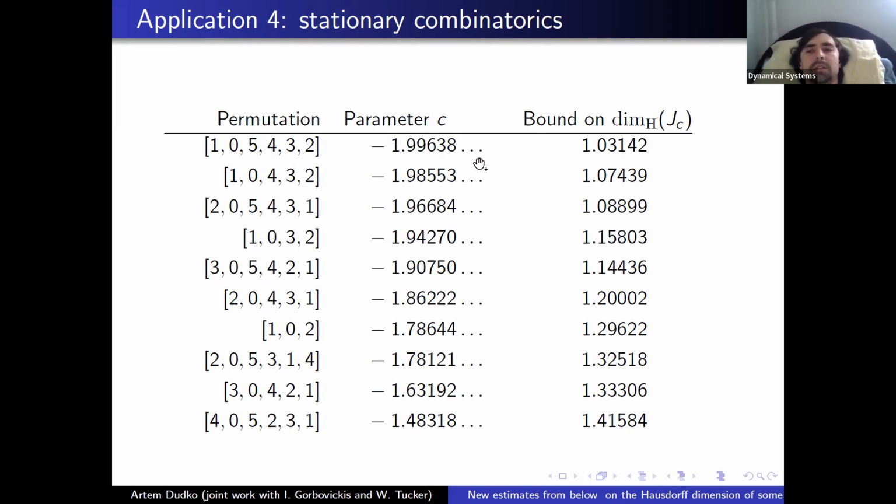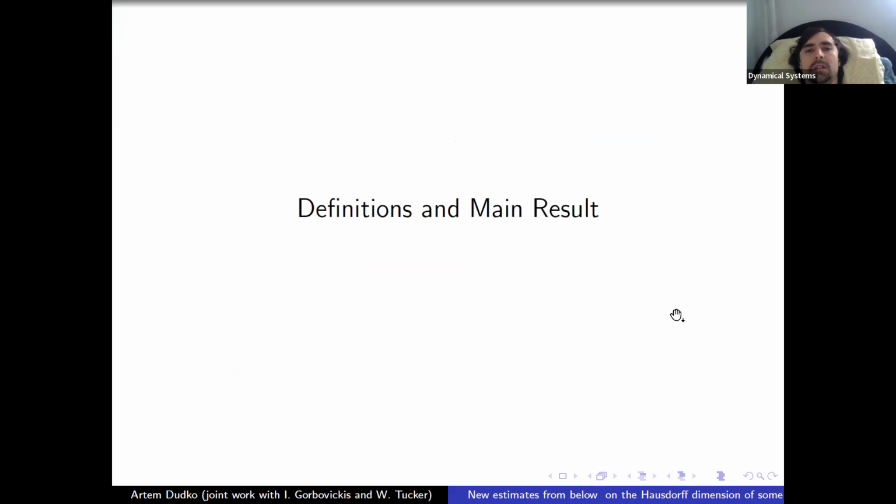Corresponding parameters C, for which the map z squared plus c has this given combinatorics, and lower bound which we obtain on the Hausdorff dimension of the corresponding Julia set.